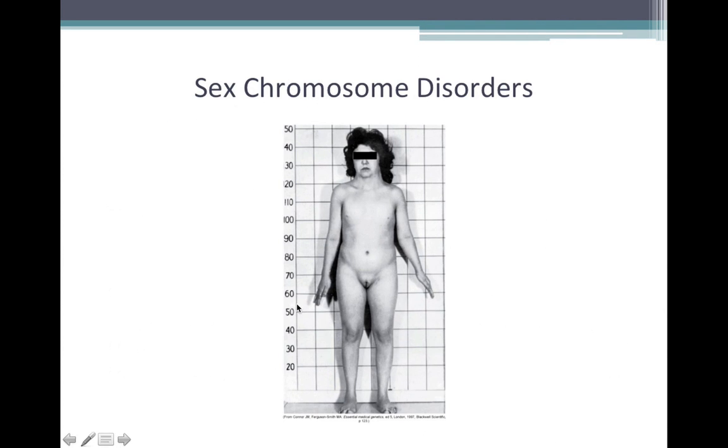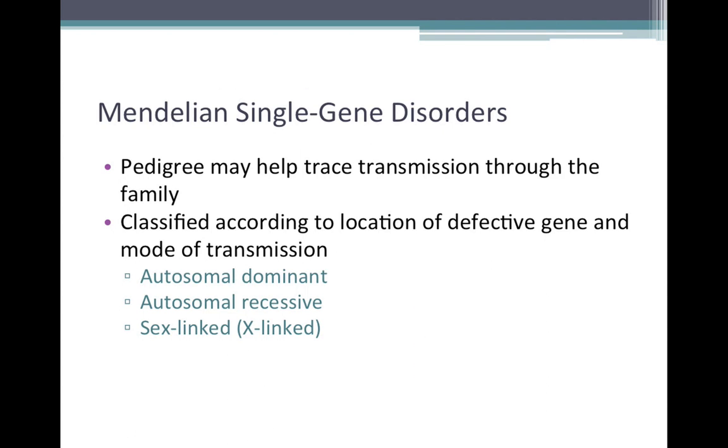So this is an example of Turner syndrome. You can see that wide chest here, the webbed neck, short stature, and long extremities. Other sex characteristics don't really develop. You can see there's not as much body hair here, and they're going to be sterile because the ovaries never develop.